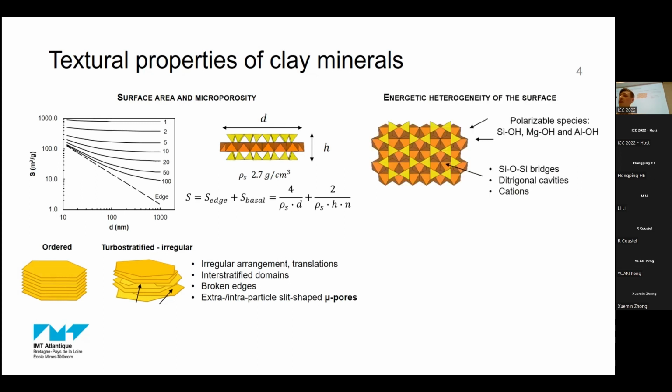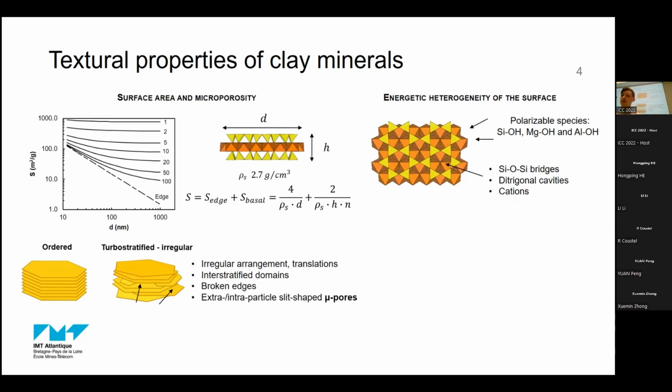The next factor is the so-called aspect ratio. On the surfaces of clay, we can find edges and basal faces, and from a structural point of view, these elements are very different. Basal faces mostly contain siloxane bridges, trigonal cavities, and tiles, while on the edges we find hydroxyl groups.